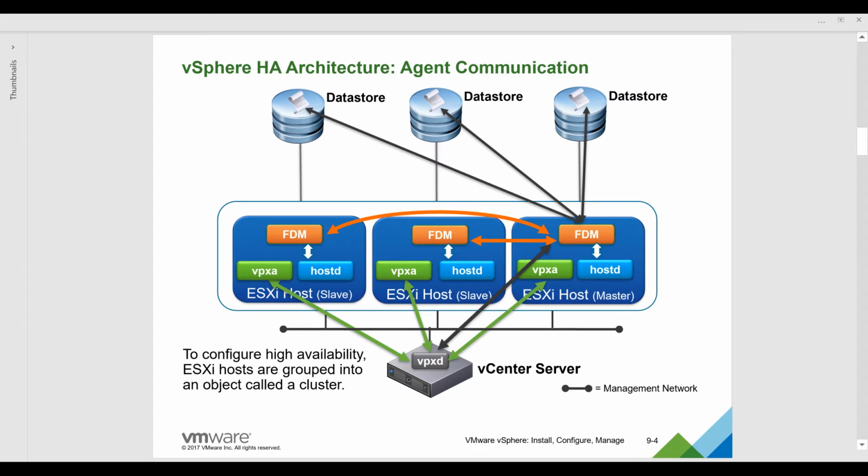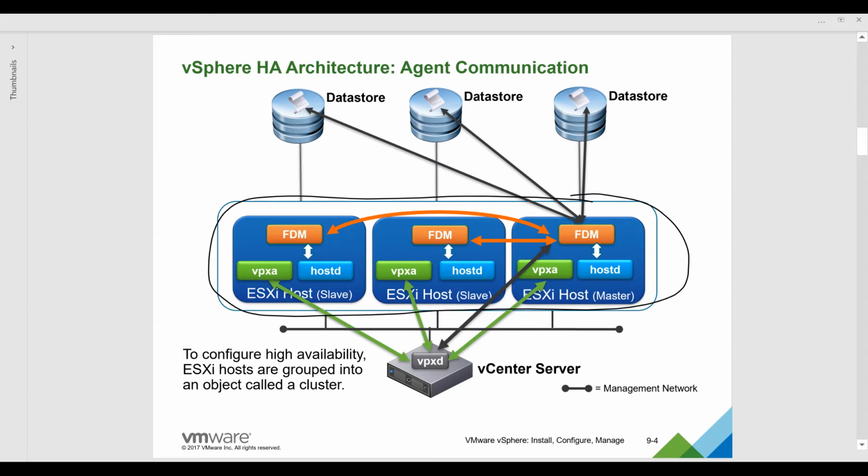When ESXi hosts are put into an HA cluster, we have a fault domain manager. So all of this ends up in a fault domain. Then an election takes place to find a master and a slave.